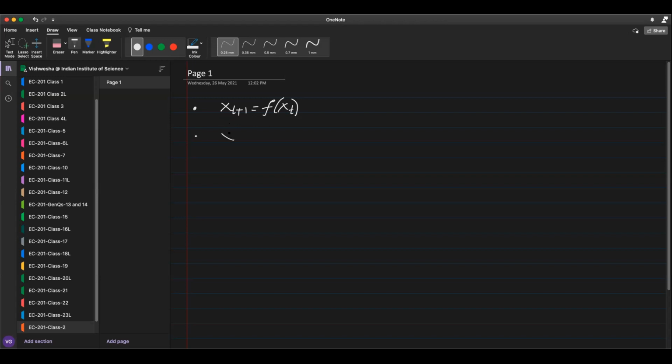And then we also looked at continuous time models and their properties. One interesting property of these systems was the possibility of multiple stable states. You remember this, right?